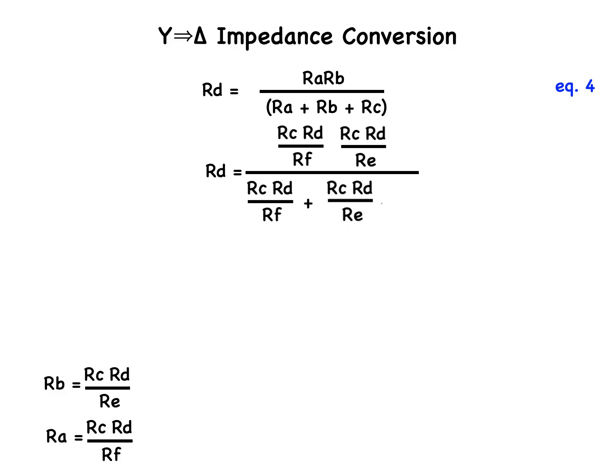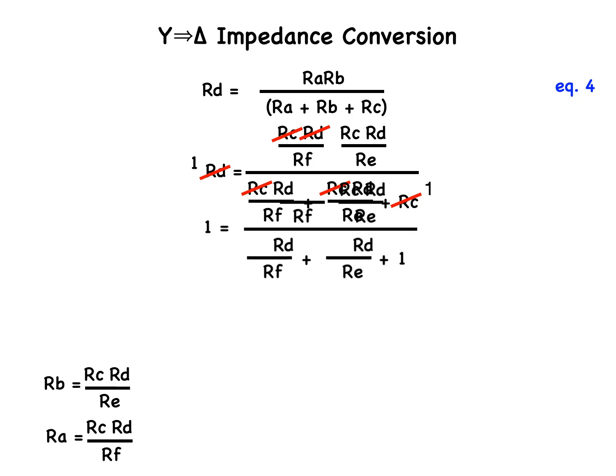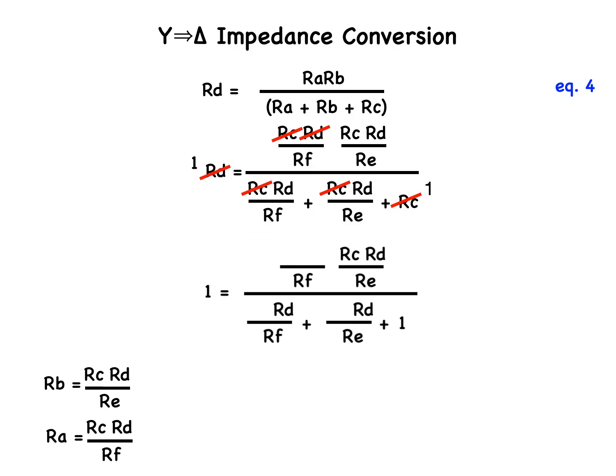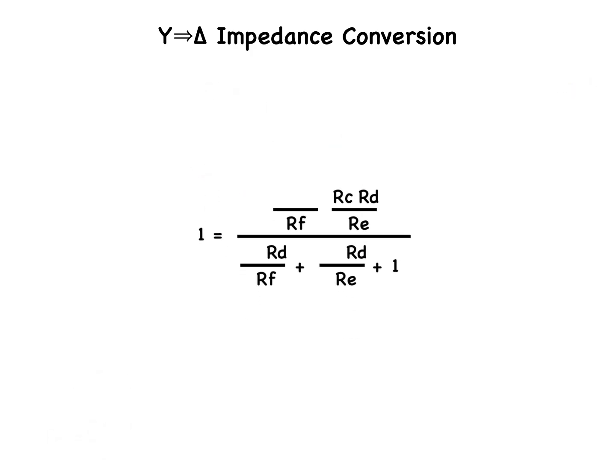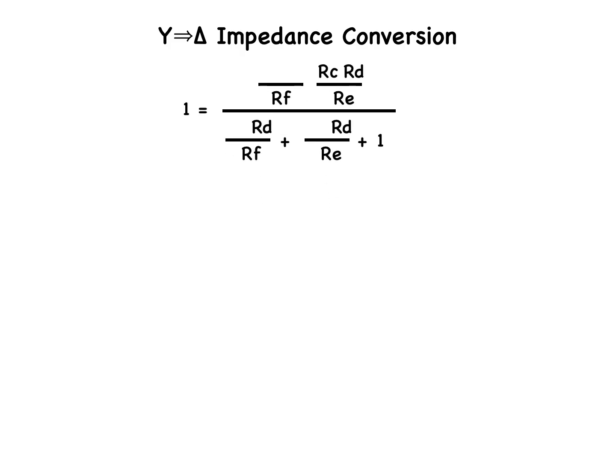Now dividing both the numerator and denominator by RC further simplifies the equation to this. I'm moving the final equation to the top of the page to give me more room for further maneuvering. I am also going to rearrange the fraction a bit to this.